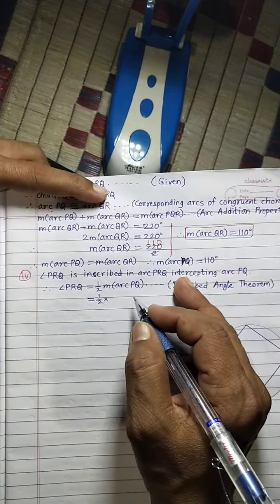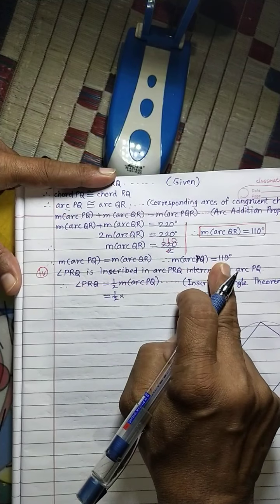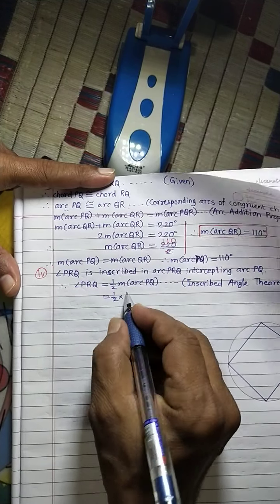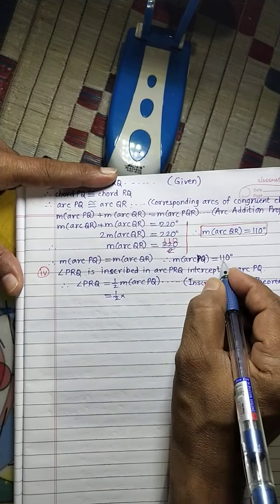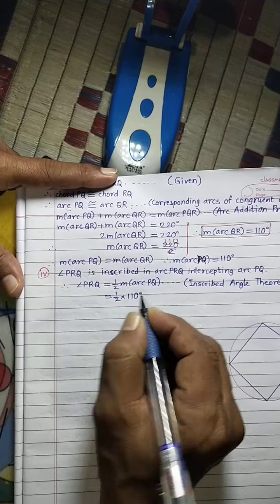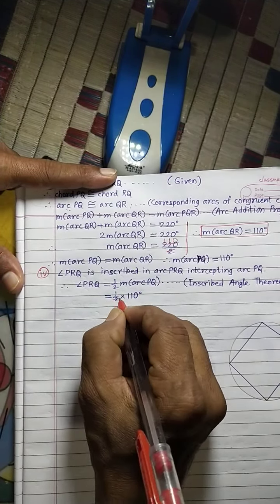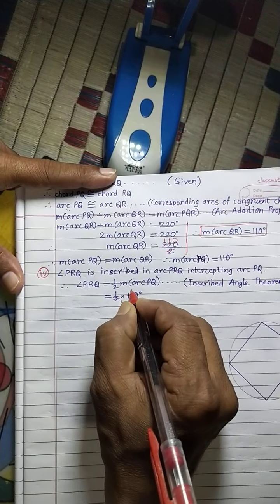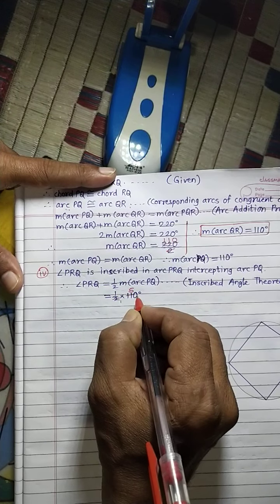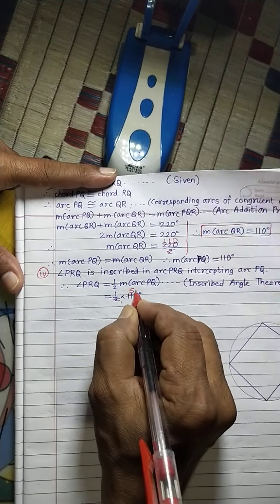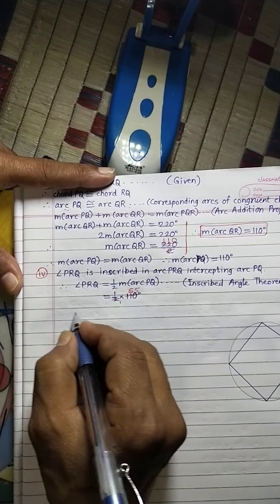Here the measure of arc PQ is equal to 110, so in place of the measure of arc PQ I write 110 degrees. Now 2 1s are 2, 2 5s are 10, remaining is 1 and then 0, that means 55.